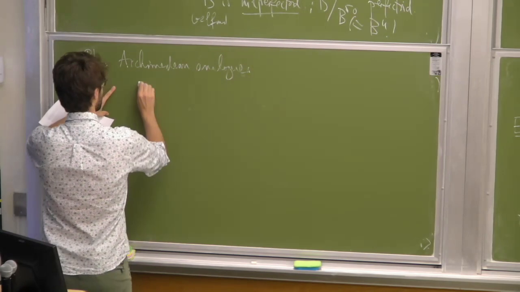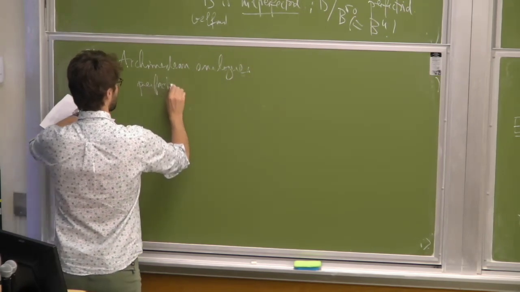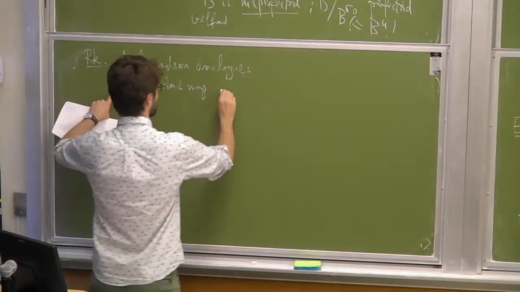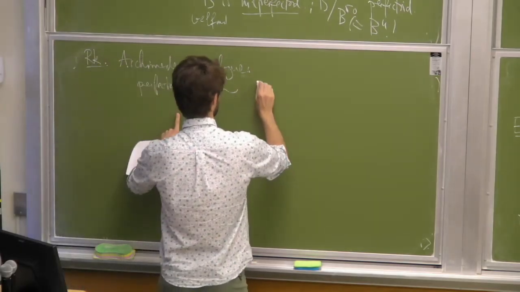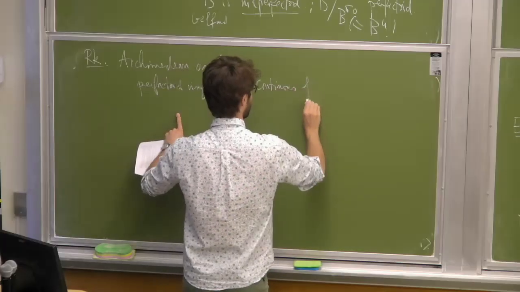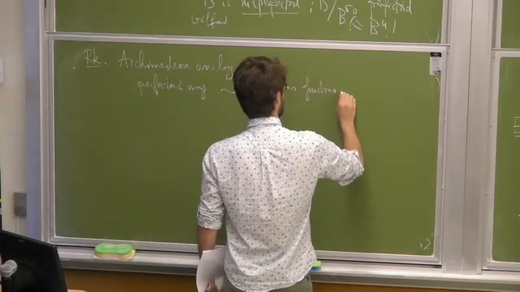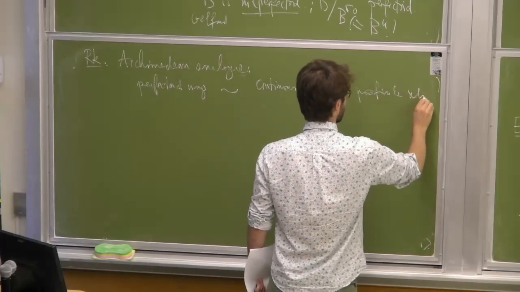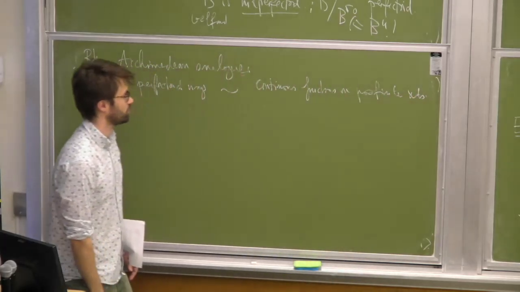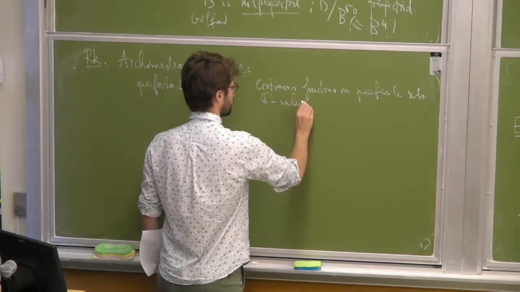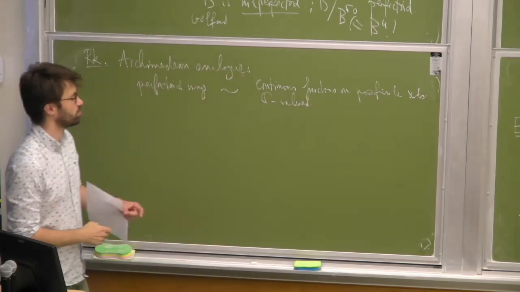In the Archimedean case, what plays the role of perfectoid rings are rings of continuous functions on profinite sets, continuous functions with complex values. Why is it a reasonable analog?